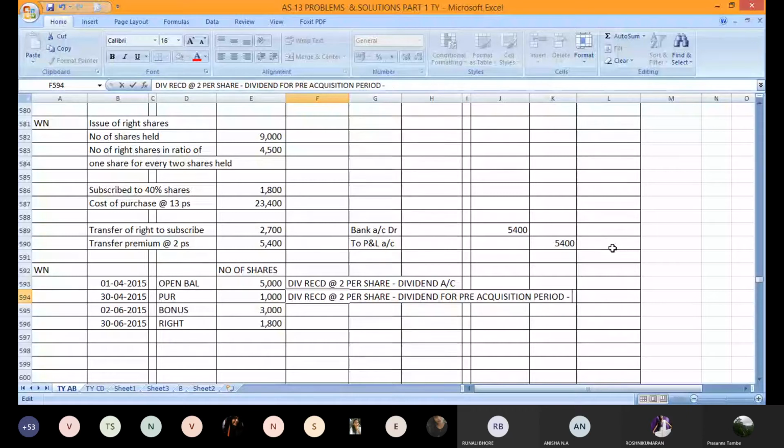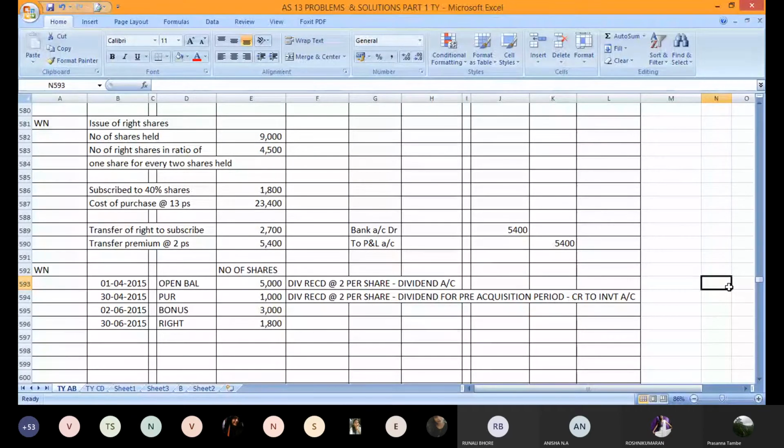This will be credited to investment account. So within dividend, we have two types of accounting aspects here. One is a regular dividend on 5,000 shares, which will go to dividend account because you were already holding these shares on 31st March 2015 also. So you are eligible for dividend, you have received it. This is your revenue income, normal income that will go to dividend account.